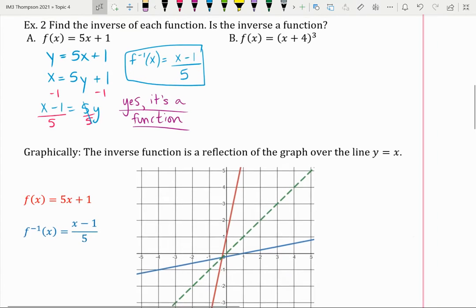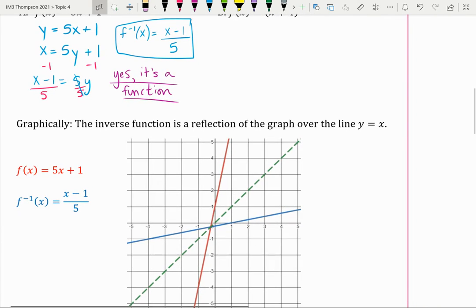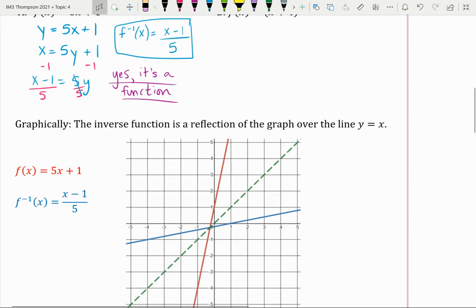But I have this graph on here for us. And some information.